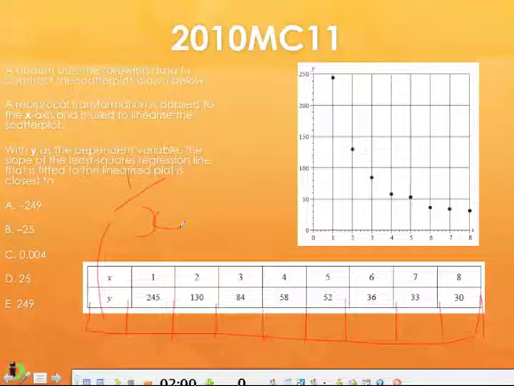Then you just fit a least squares regression line. You graph 1 on x against y, you fit a least squares regression line, you're going to get the gradient, the slope. All right?